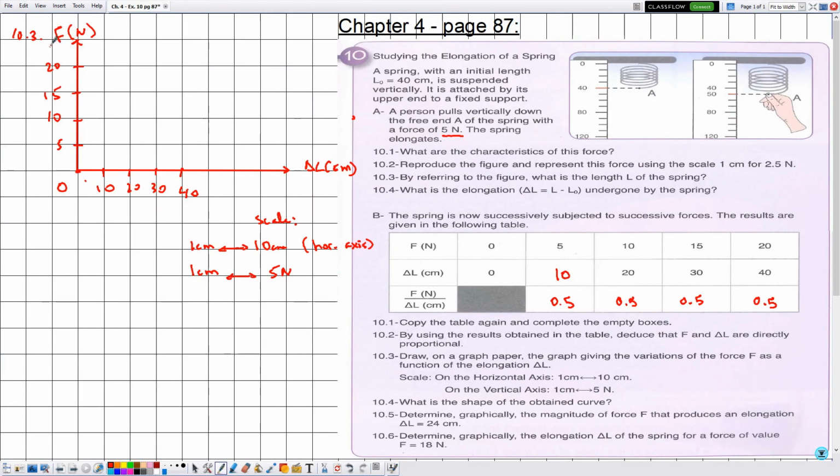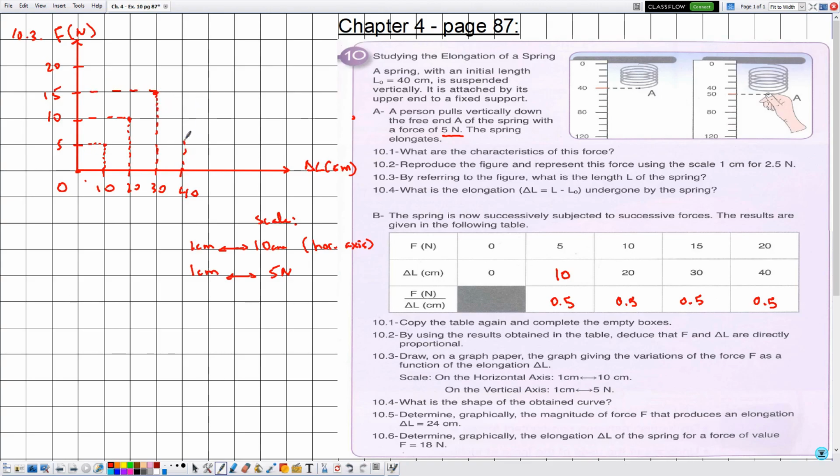Now let's locate the points. For 10 centimeters, the value of F is 5. For 20, the value of F is 10. For 30, the value of F is 15.